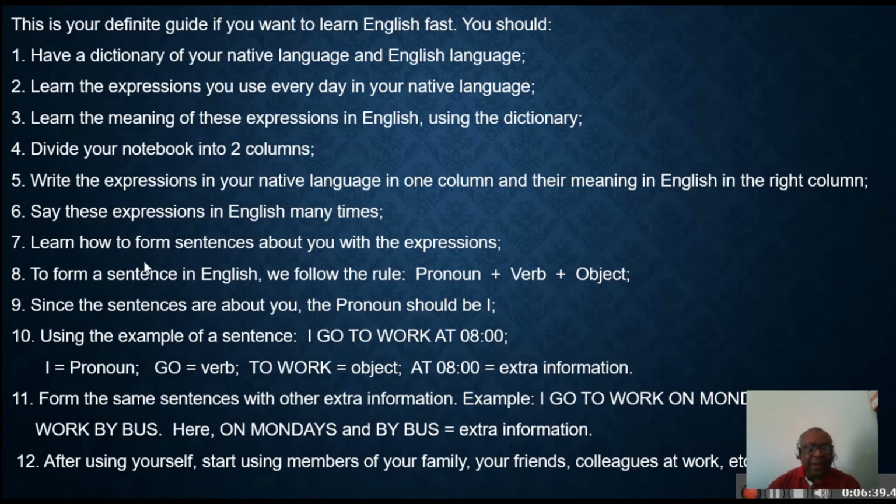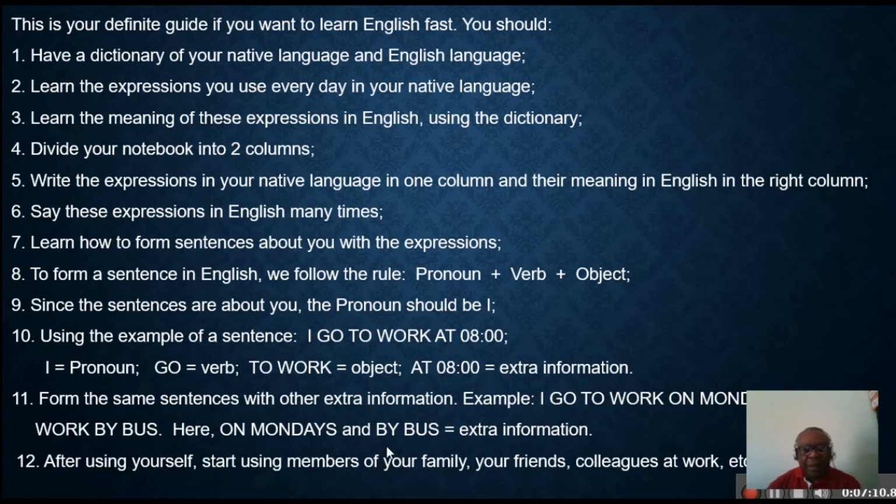With these expressions now, you try to form sentences in English using the rule pronoun plus verb plus the object. Using as an example, I go to work. So when you finish forming what we call the basic sentences, using I as the pronoun, now you can start using members of your family, your friends, your colleagues at work.